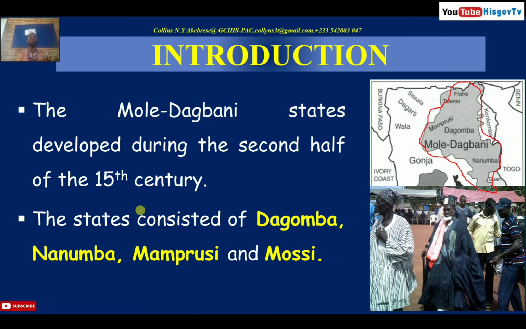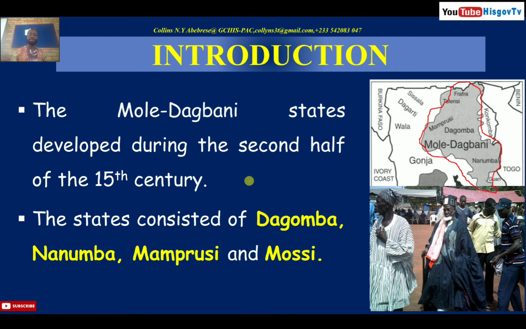Now, the Mole-Dagbani is just a name for all the people. The Mole-Dagbani is just a name, for instance, like the Akan. The Akan comprises different states or groups of people.